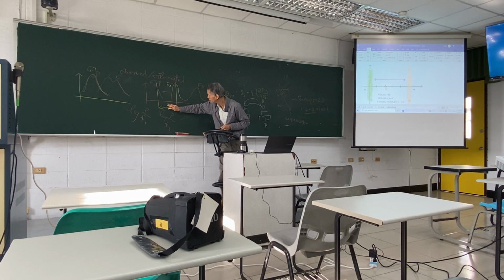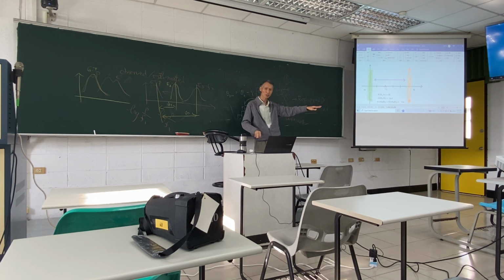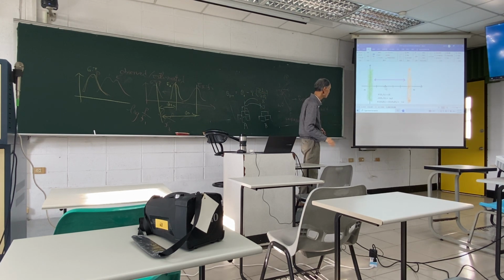If I call this distance D1 and this distance D2, you know D1 seems better than D2. It's much closer. So that's it, so simple. We just base it on the distance.